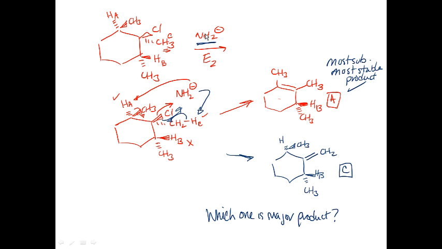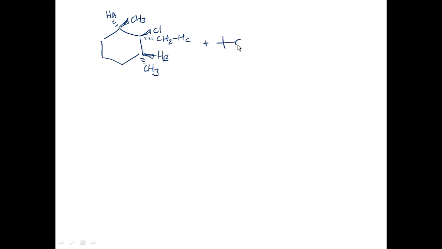If I wrote this problem with tert-butoxide, so if I came over here and said I'm going to react this with tert-butoxide ion, the first criteria is that only hydrogens that can become antiperiplanar to the chlorine are going to be deprotonated.